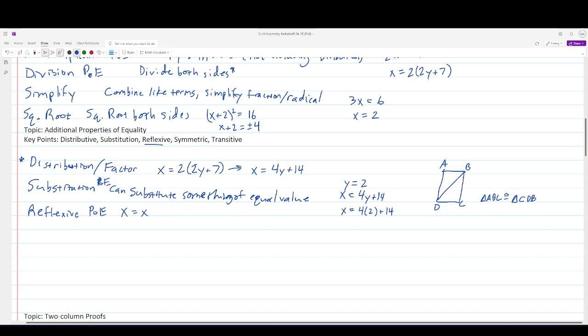And we can do things within the proof. So there's a bunch of steps leading to maybe this is congruent to this and this is congruent to this. But one of the ways that we prove two triangles are congruent is by what we call side-side-side congruence, meaning that all three sides are congruent to each other. And if I've proven that AB is congruent to CD and AD is congruent to BC, I still need a way to say that DB is congruent to itself.